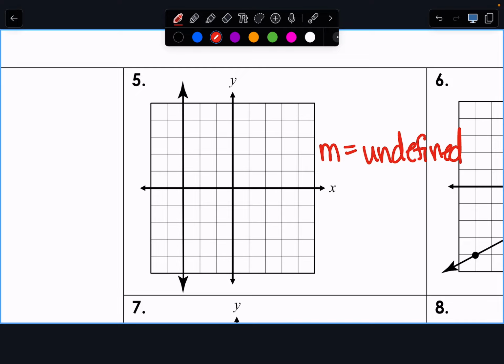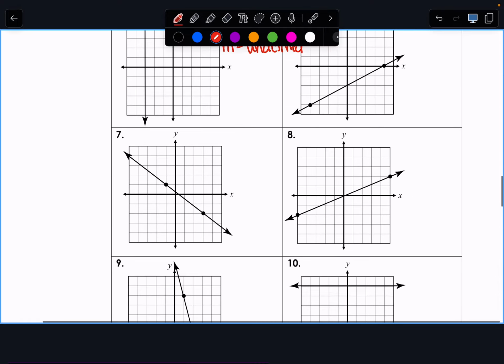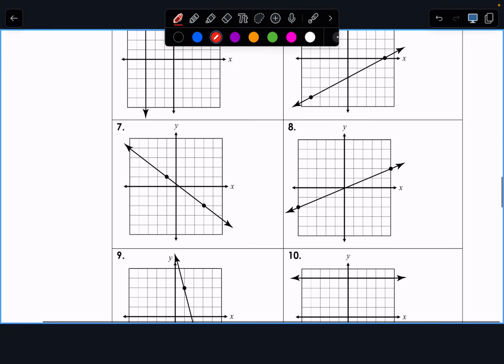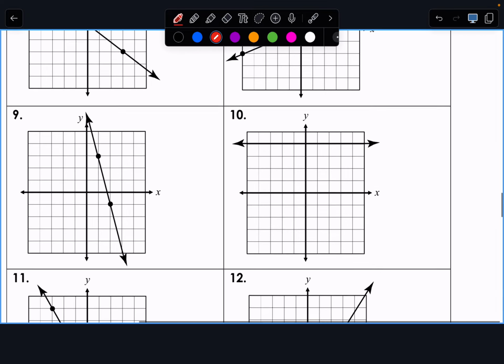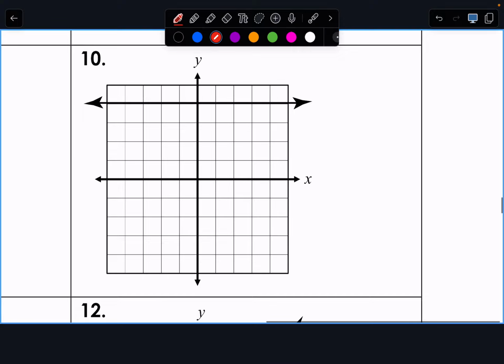Carlos, what's the other one that you circled? We're on page 6. Which one of them has 0 slope? So we said this has undefined slope. Which one of them has 0 slope? 10. On number 10, will you write m equals 0?